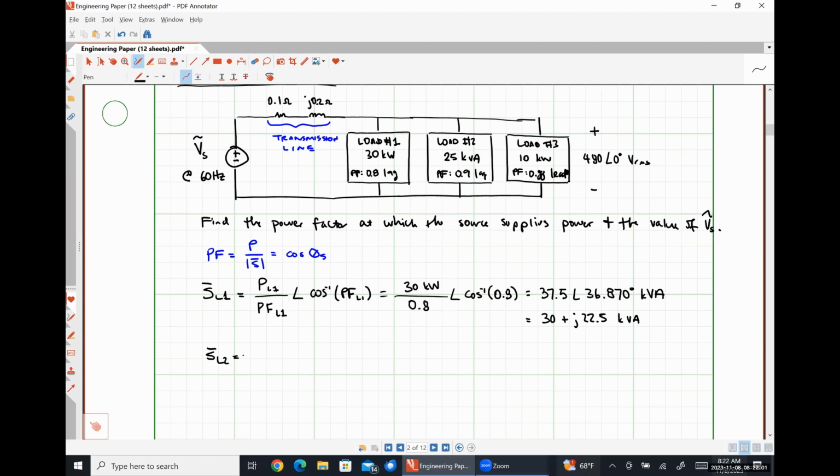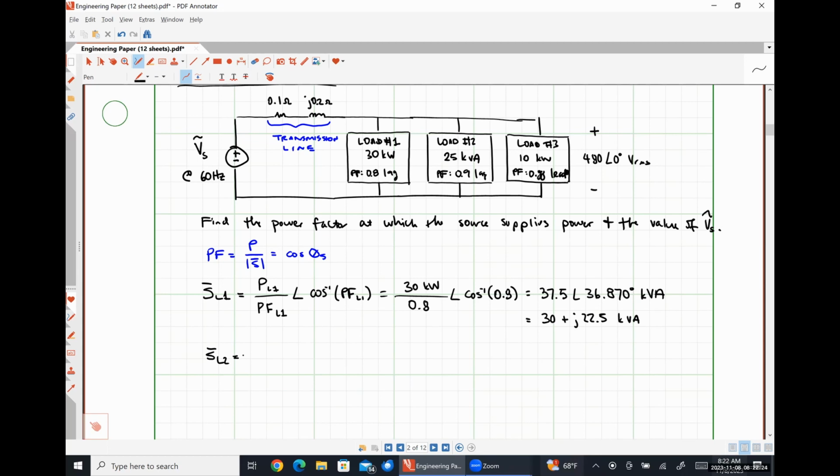So once again, we're given the power factor. We're also told that we are operating or drawing 25 kilovolt amperes. Is this apparent power, average power, or reactive power? Apparent power. So apparent power is the magnitude of the complex power.